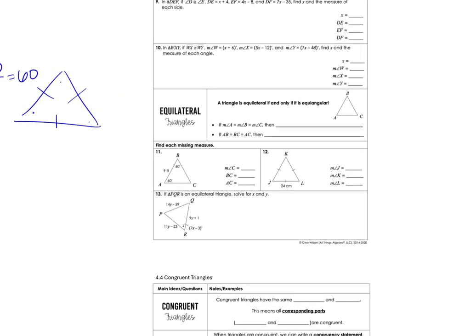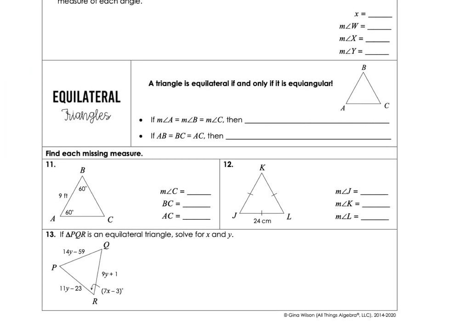So what this theorem here says is a triangle is equilateral if and only if it's equiangular. If angle A is equal to angle B is equal to angle C, then AB is congruent to BC is congruent to AC, okay? And if those are all the same length, sorry, I guess I should have said equal, not congruent.